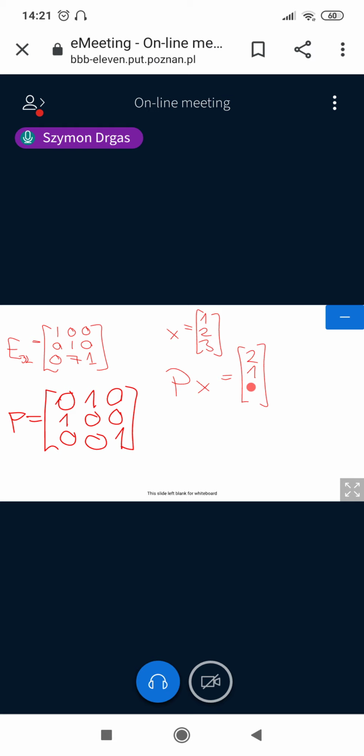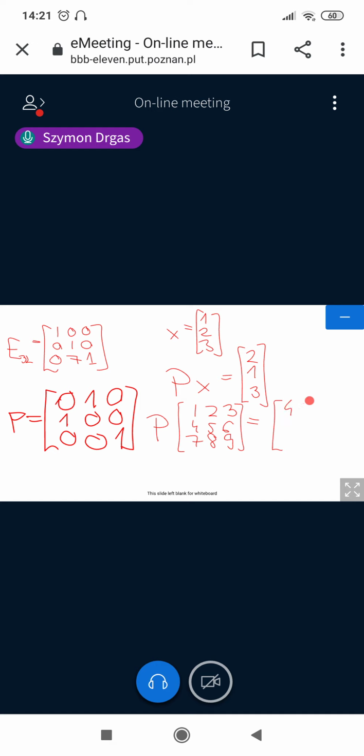So we will obtain 2, 1, 3. So we just exchanged two elements. If we multiply P times the matrix 1, 2, 3, 4, 5, 6, 7, 8, 9, then, as we discussed earlier, we will exchange these two rows, the first and the second row.